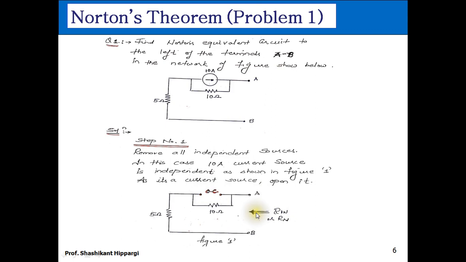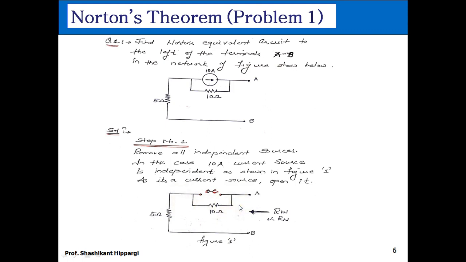And if you try to look back into the circuit from this to calculate the equivalent resistance, so if I start from A and come back to B, then there is no way that I can go like this, because this is open circuit. So the current can move from this end like this and come back to B. So if the current can go from 10 ohm resistance and then 5 ohm resistance, then if you look this, it is a very simple series combination of these two resistances.